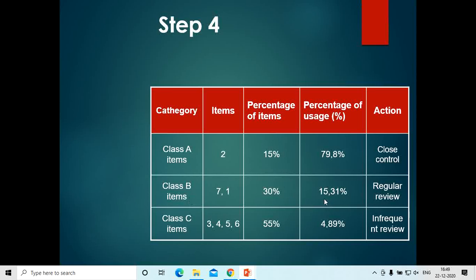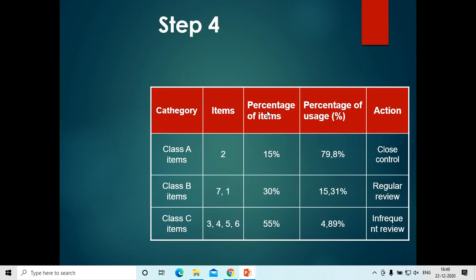Similarly, the sum of two items is around 15%, that is items 7 and 1. According to this case, items 7 and 1 have a summation of 15.31.